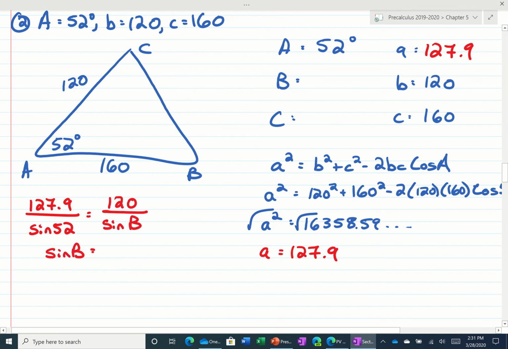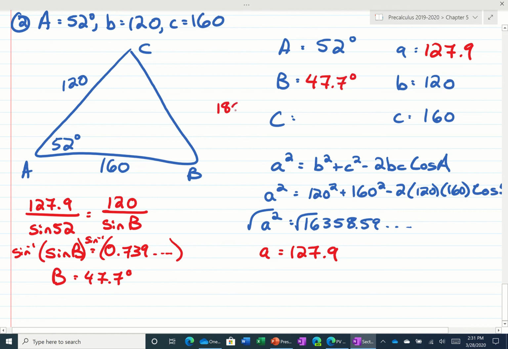So I'm going to cross multiply: 120 times the sine of 52, and I'm going to divide by 127.9. This is coming out to 0.739 whatever. At this point, we take the inverse sine of both sides, and we get angle B is 47.7 degrees.